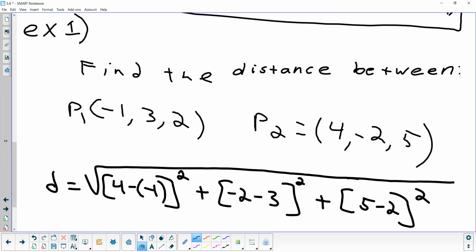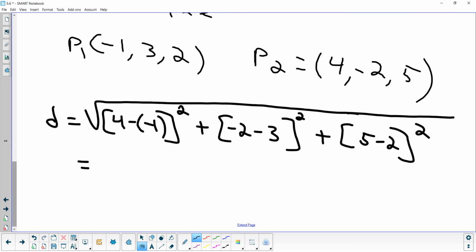Okay, let's just go through and see what we get. Colby, what's 4 minus -1? 5. Squared? 25. All right, Lacey, what's -2 minus 3? -5. And then when you square it, 25 again.